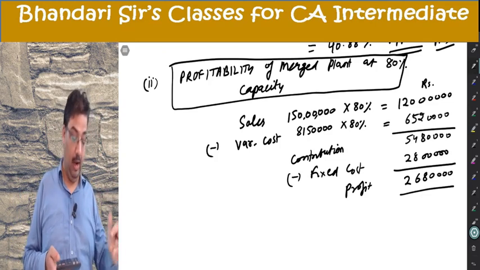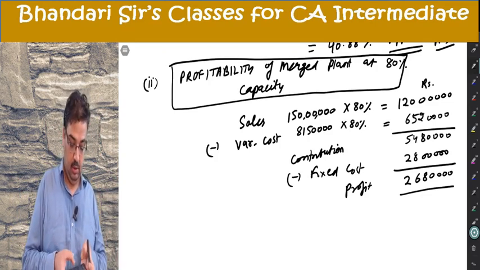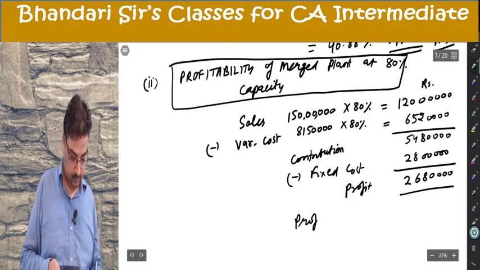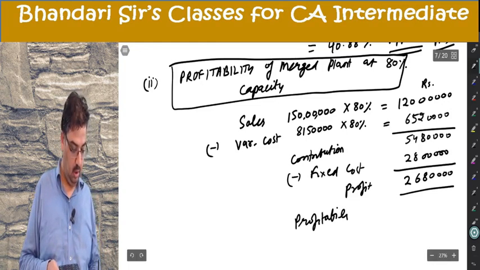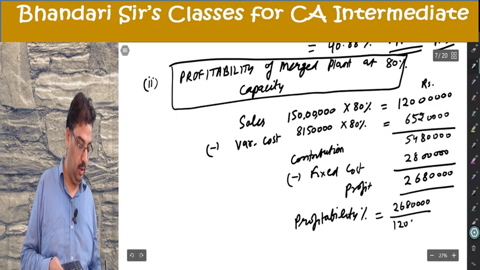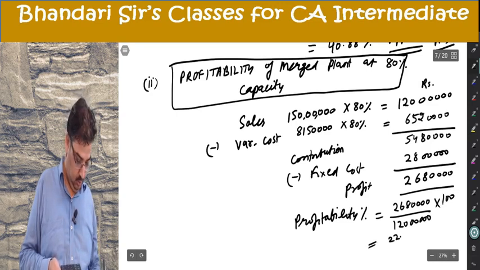So profit divided by sale into 100: 26,80,000 divided by 120 lakh into 100. 22.33% approximately.